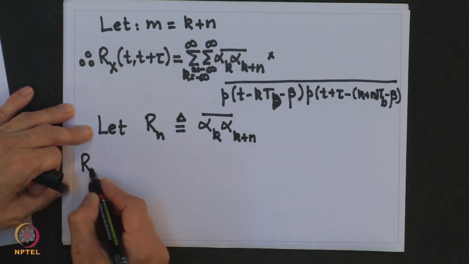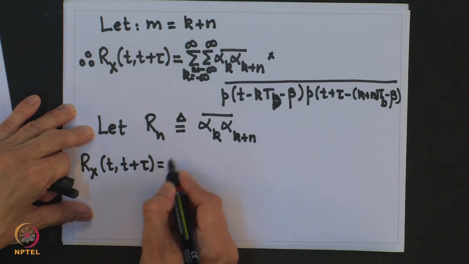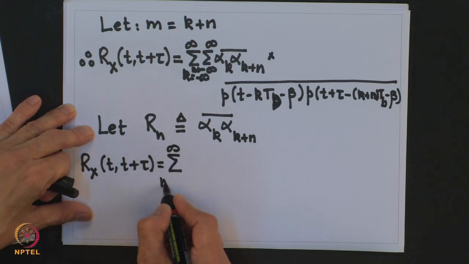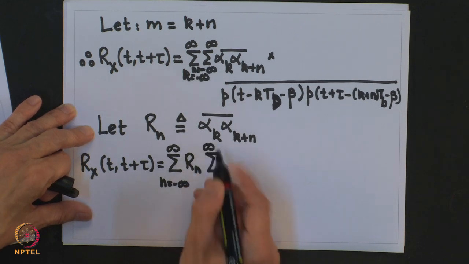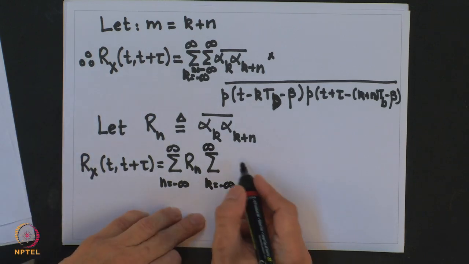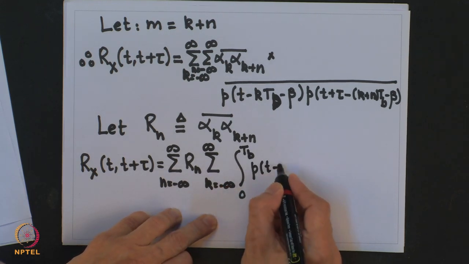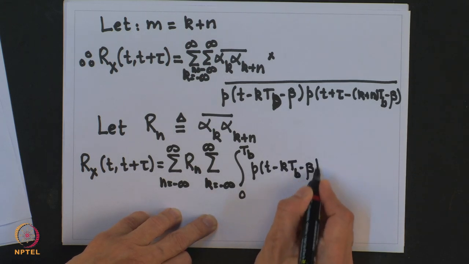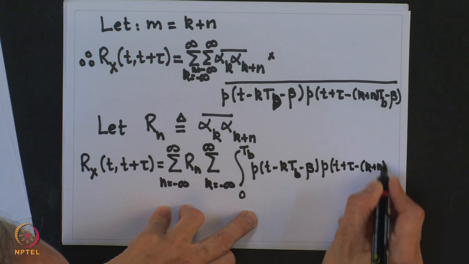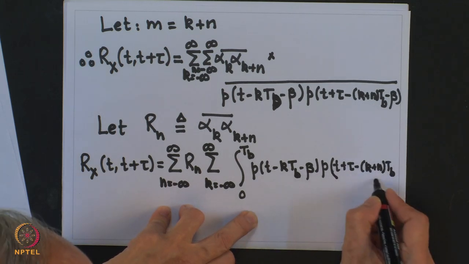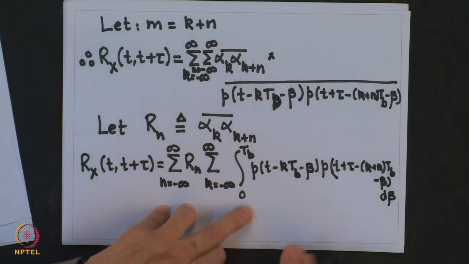If I use this, then I can rewrite my autocorrelation function to be as follows. This is the integral of these two terms.